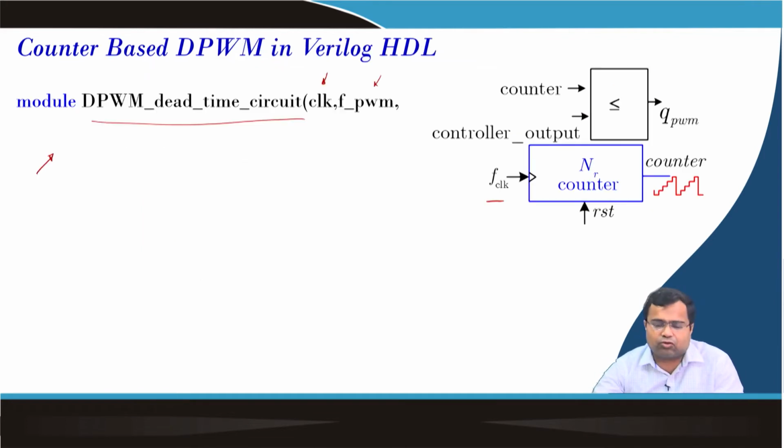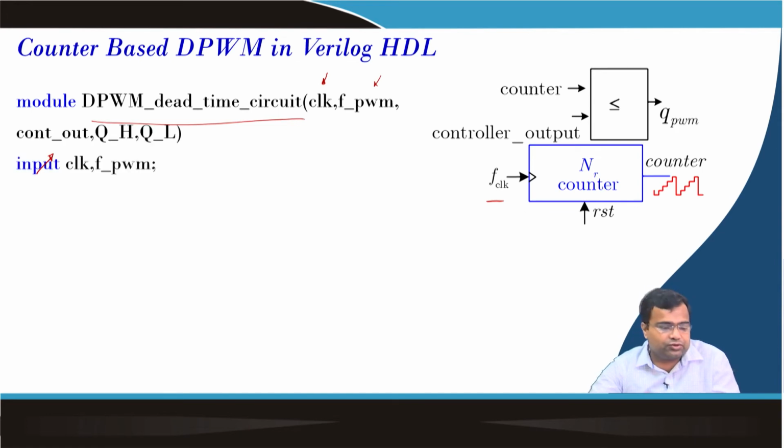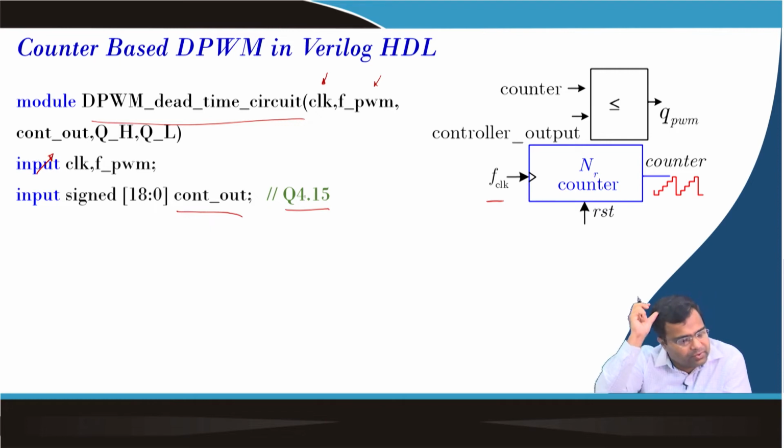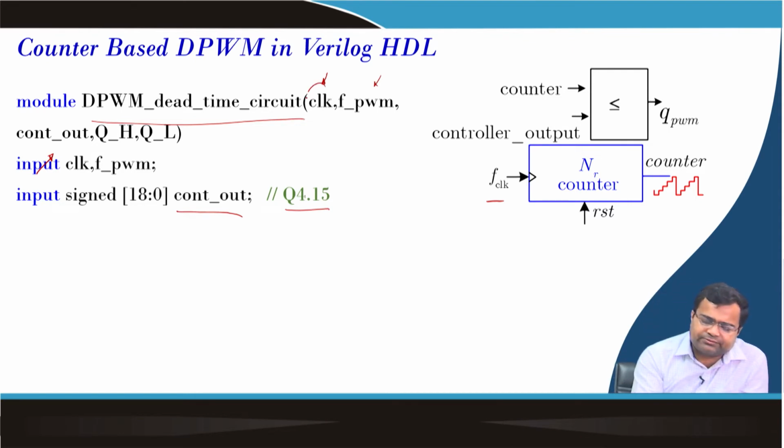This controller output we have assumed, since it is a part of the digital control that we will discuss, is given in the 4.15 format. There is no choice because it is coming from the controller output. And the switching frequency clock we may synchronize, but in this case we are just giving a fixed number and we want to ensure that the overall switching frequency will be 200 kilohertz. So, this clock is very important, that is the input.